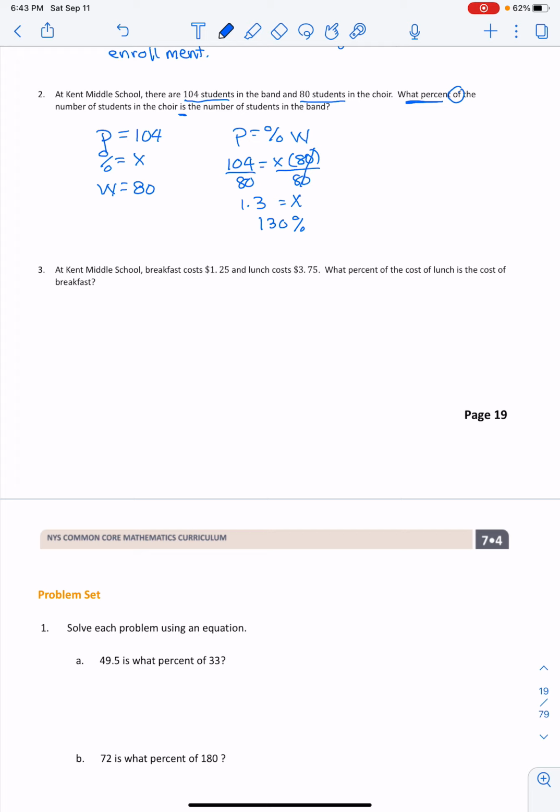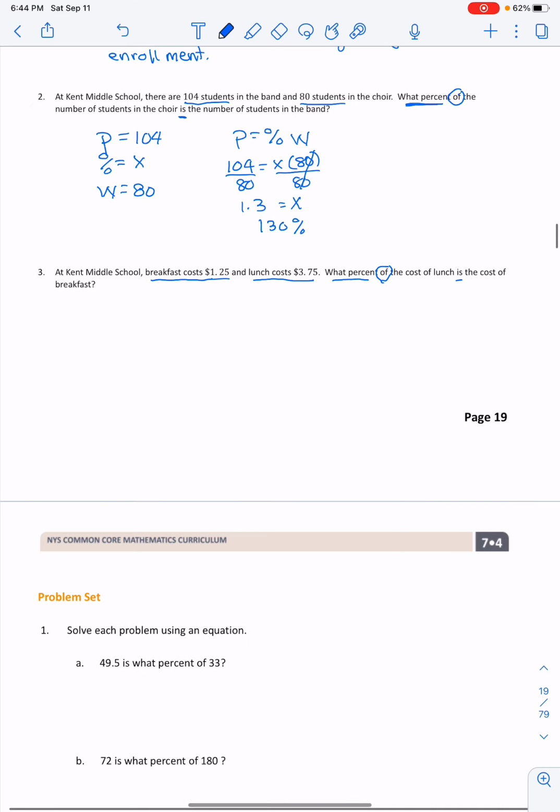In our last question, at Kent Middle School, breakfast cost $1.25, and lunch cost $3.75. What percent, again, of the cost of lunch is the cost of breakfast?